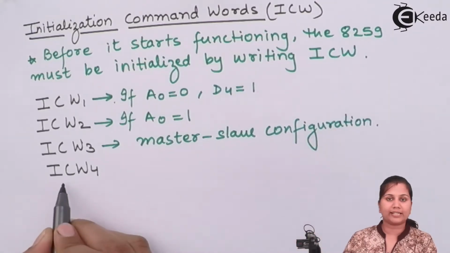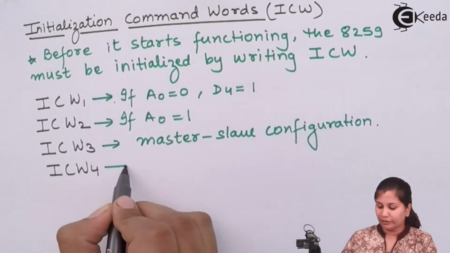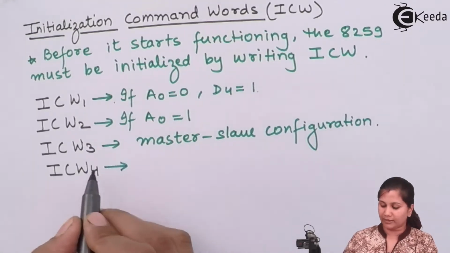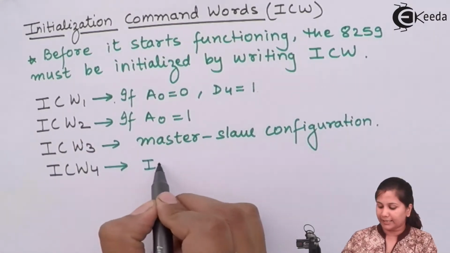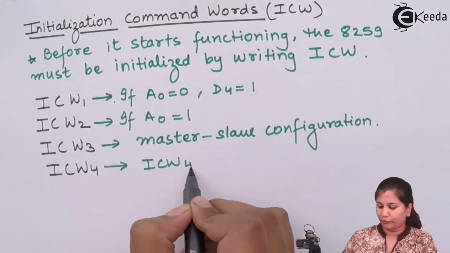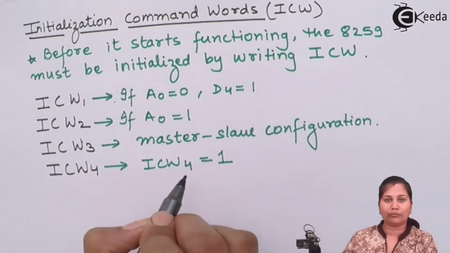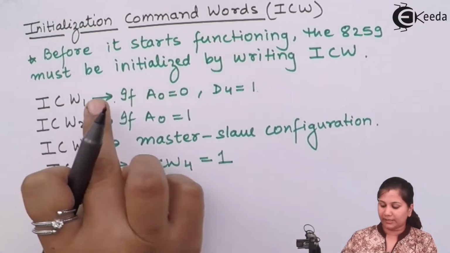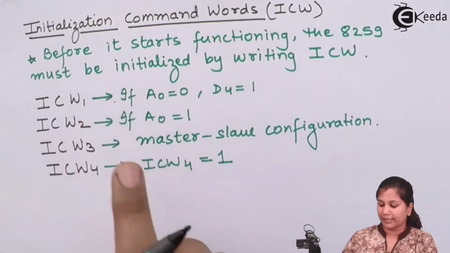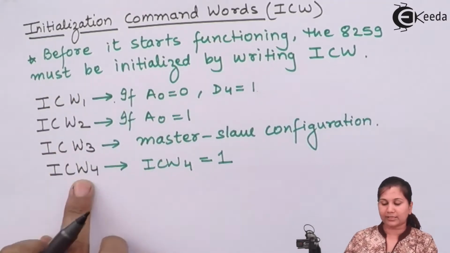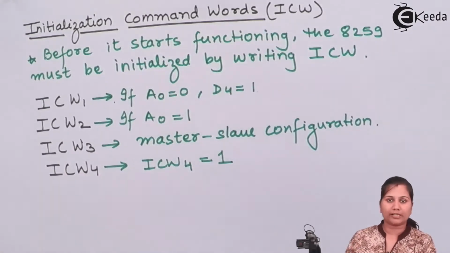And the initialization command word fourth will be used when, in the initialization command word first, the ICW4 bit is equal to 1. Only when this bit in the first initialization command word is 1 will this command word come into execution.